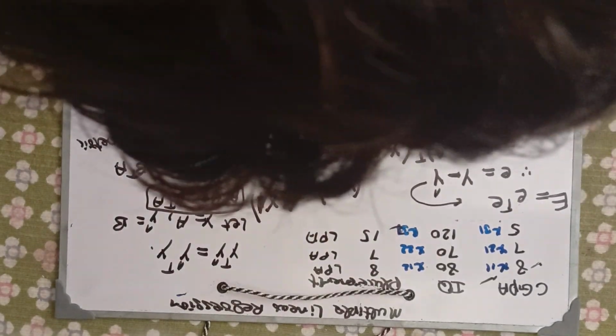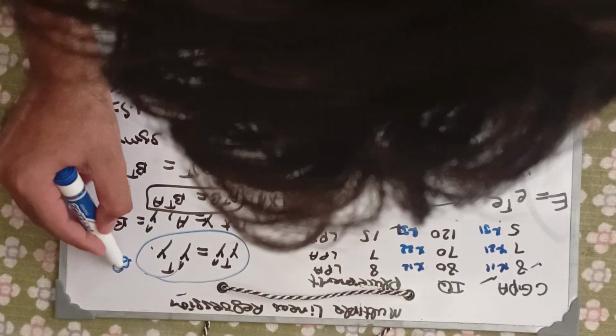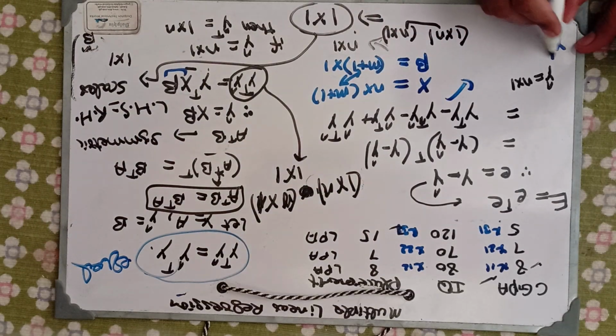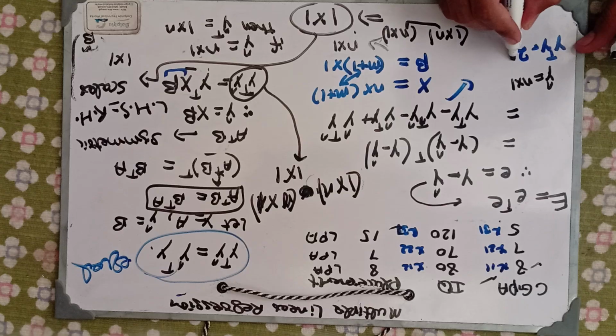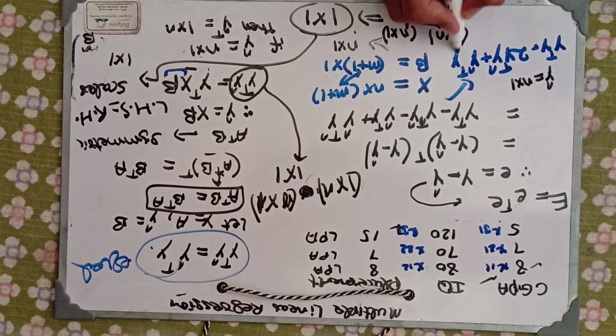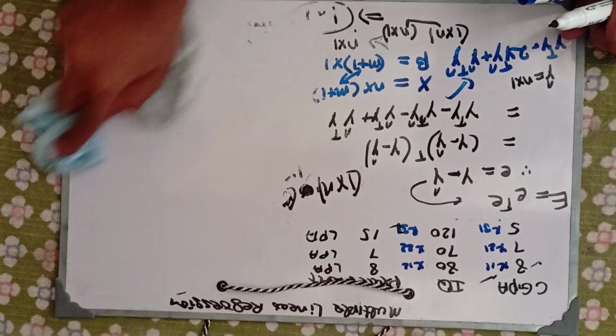So the left hand side equals the right hand side, and we can conclude that these values are equal. So we will replace this equation with y transpose y minus 2 y transpose y hat plus y hat transpose y hat, right? And now we will start from here again.